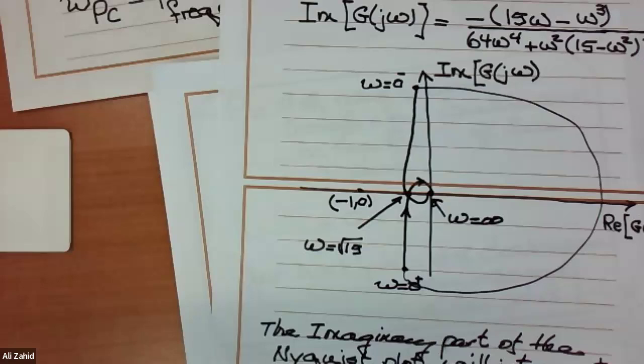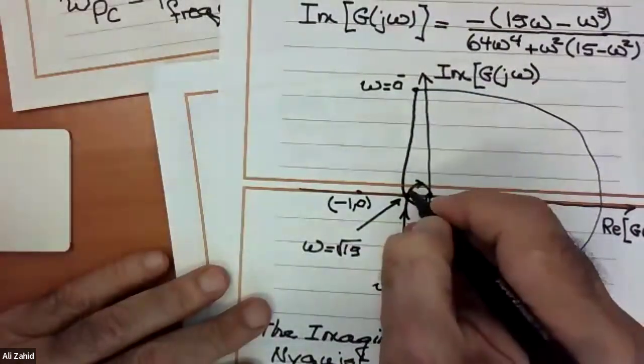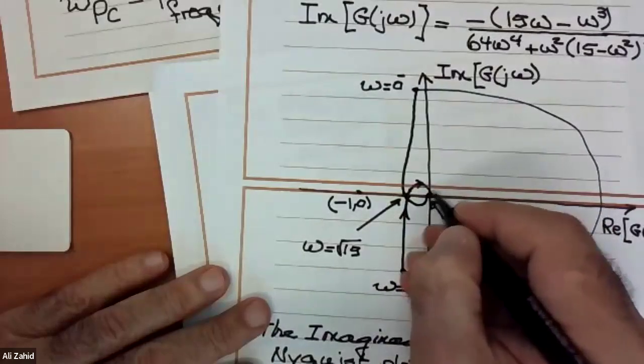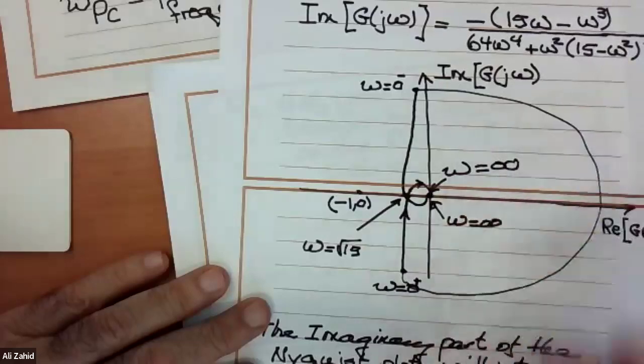Increase omega. Increase beyond square root of 15. Can you tell me what is the magnitude and what is the phase? Let's assume I'm here right now. Remember, what is this? This is omega equal to what? Zero. Or infinity, sorry.